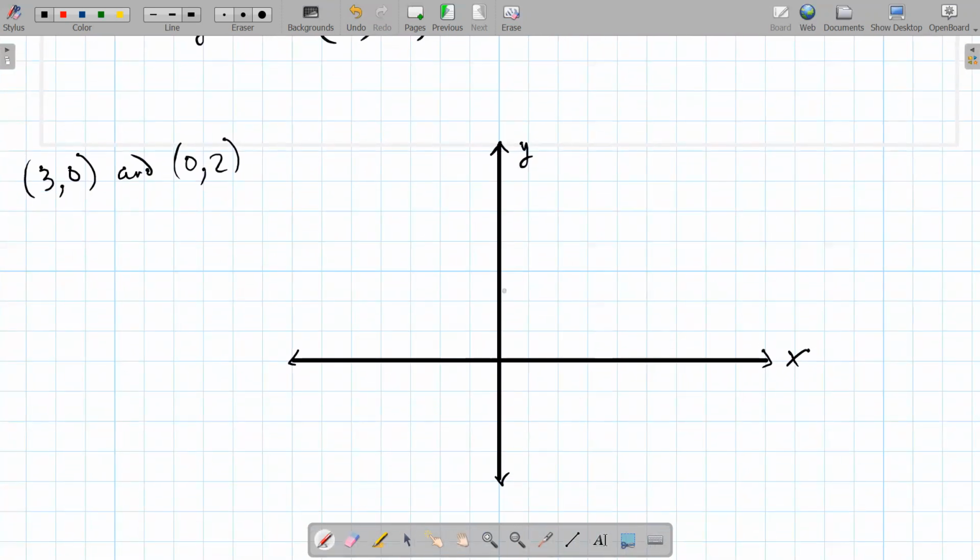Let's say this is 1, and that is 2, somewhere there. And for the x, 1, 2, and 3. Those are the highest values for x and y. So for the x-intercept, I need to be here. This will be the point. And for the y-intercept, I need to be here.